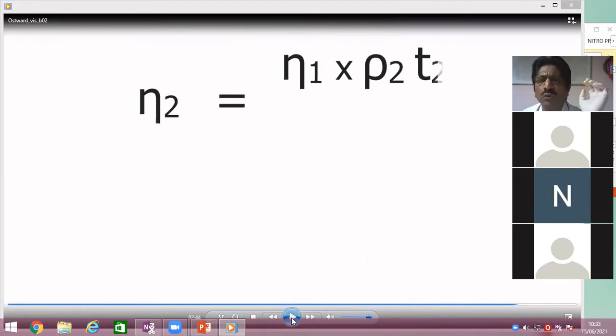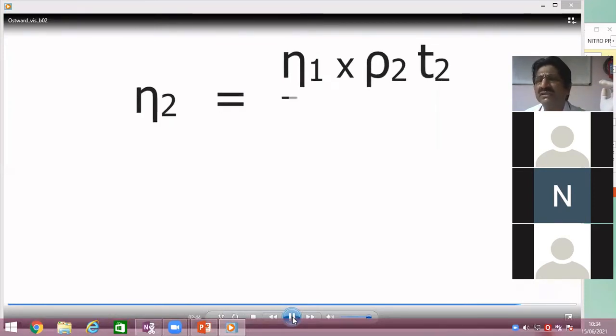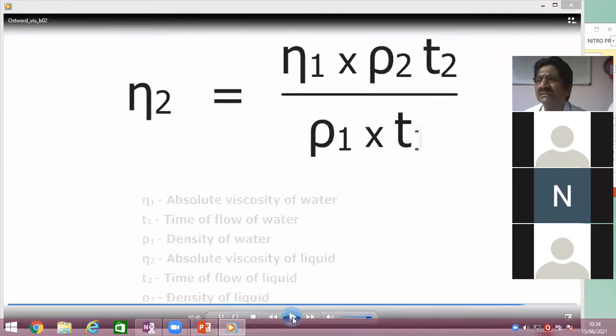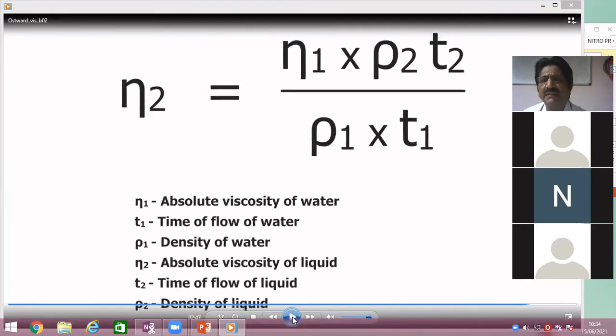By using this formula, eta2, the coefficient of viscosity of the second, unknown liquid, is equal to eta1 into rho2 into T2 divided by rho1 into T1. Sometimes we use rho, or sometimes we use d. Here eta1 is the absolute viscosity of water, T1 is the time of flow of water, rho1 is the density of water, eta2 is the absolute viscosity of the liquid, T2 is the time of flow of the liquid, and rho2 is the density of the liquid.